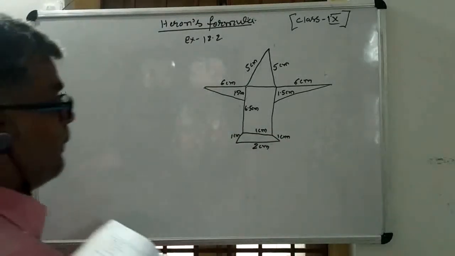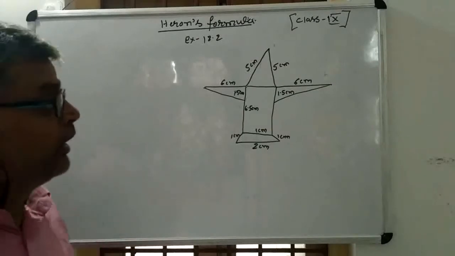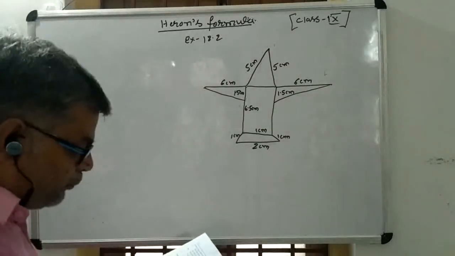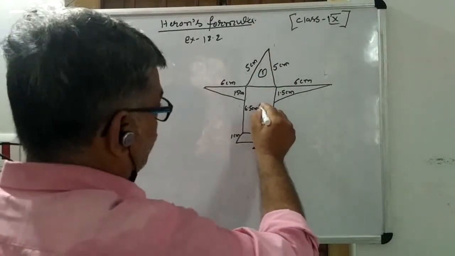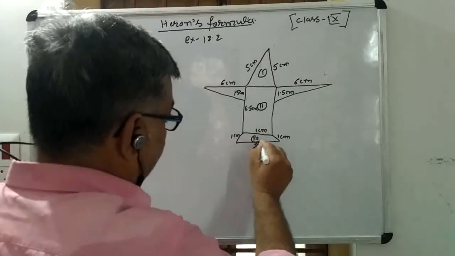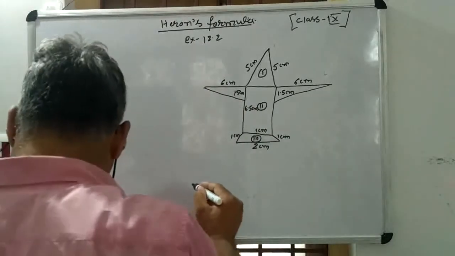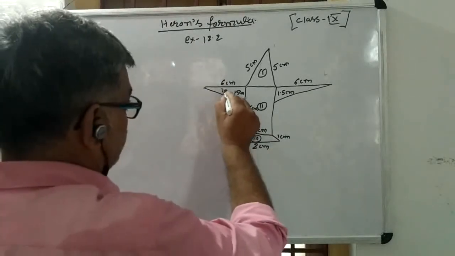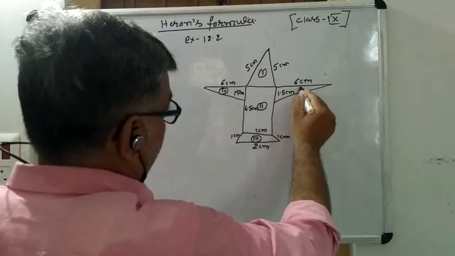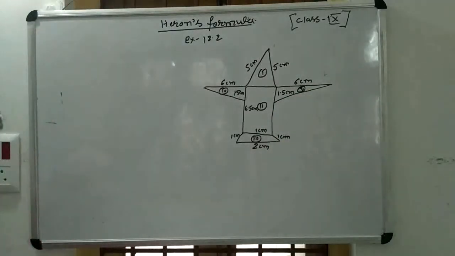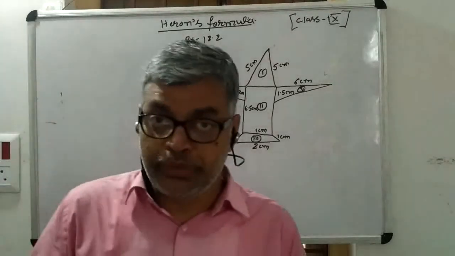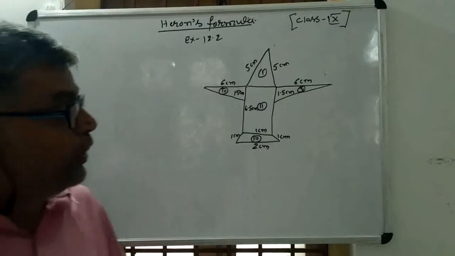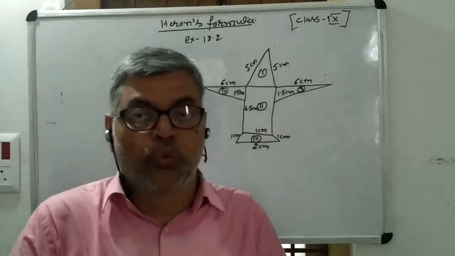So this is the aeroplane. This aeroplane is divided into 5 parts: part 1, part 2, part 3, part 4, and this part 5. So we will find the area for separate parts and finally we will add them together to get the area of the whole aeroplane.